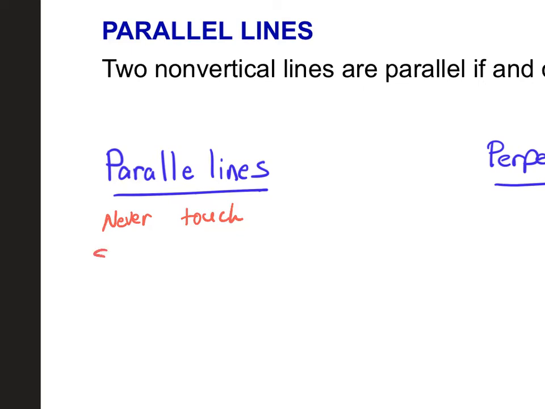Parallel lines have the same slope. So if a line is parallel to another line, their slopes will be the same. Their intercepts are different. They cross the y-axis at different places, but they have the same slope. All right, when we talk about parallel lines, if you see this notation, that means parallel.